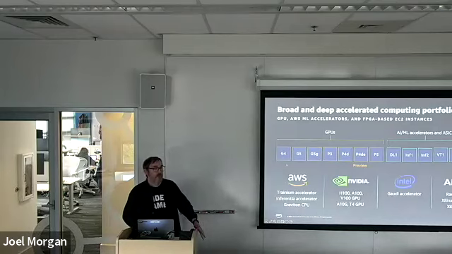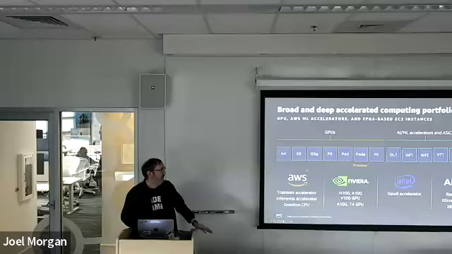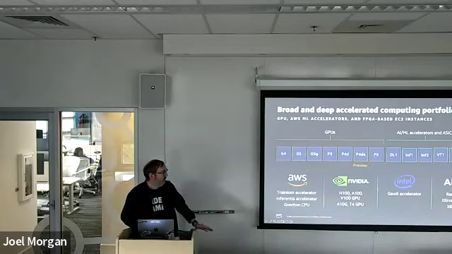If you're unfamiliar with AWS, our EC2 instance types usually have a family and then a generation. That's what the letter and the number are. So the G series and the P series are our GPU accelerated EC2 instances. And the number is the generation of them. So for example, the P5 has H100 NVIDIA GPUs on it.